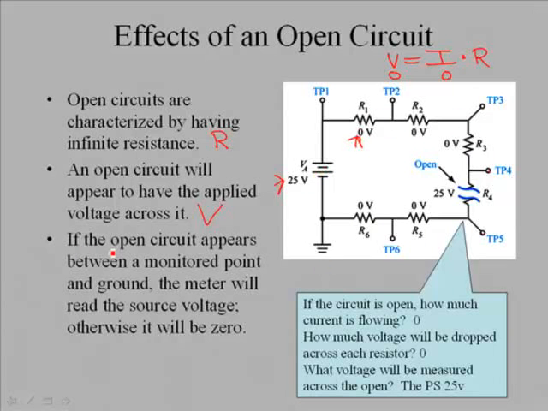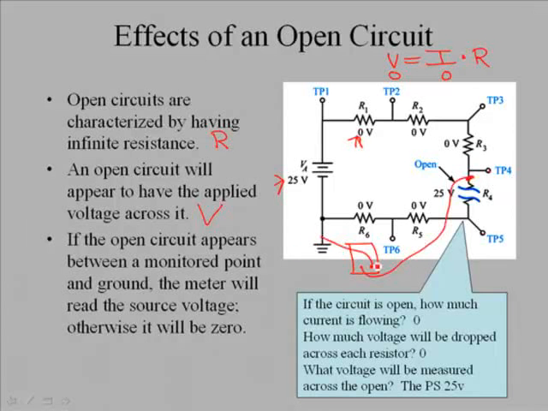Okay, if the open circuit appears between a monitored point and ground, the meter will read the source voltage, otherwise it will be 0. Usually when you're measuring something like this, you'll have one probe going to ground and the other probe going over like so.